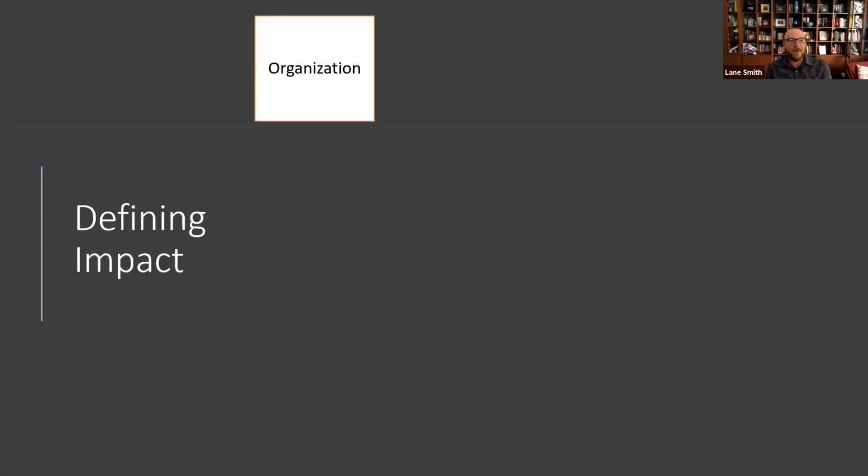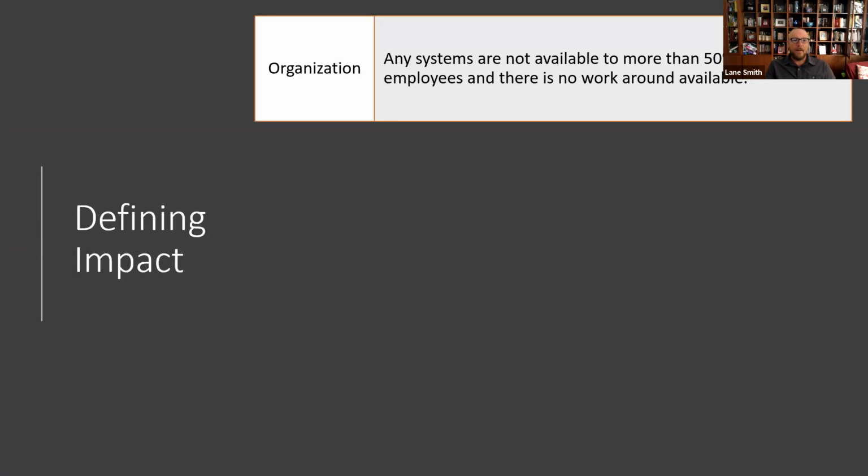All right, so how do we define impact? First off, we look at organization-wide. And this could be termed anything you want. I used to call it widespread, but for the sake of today, we're calling it organization.